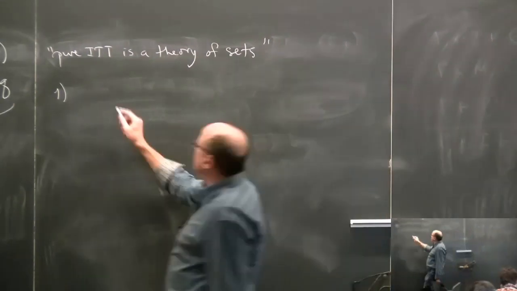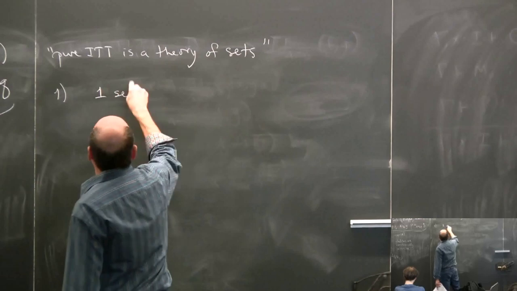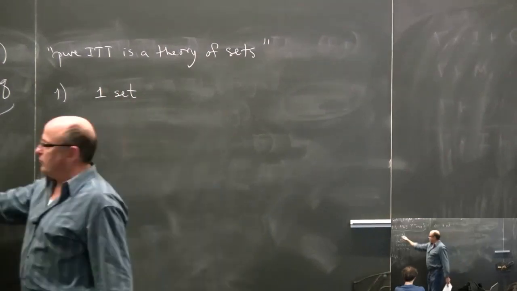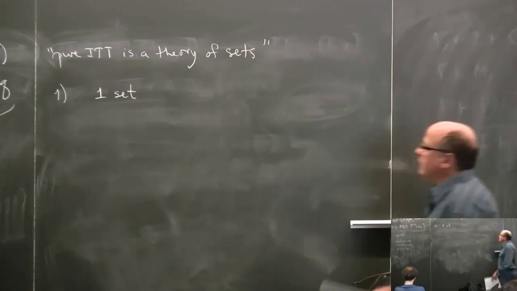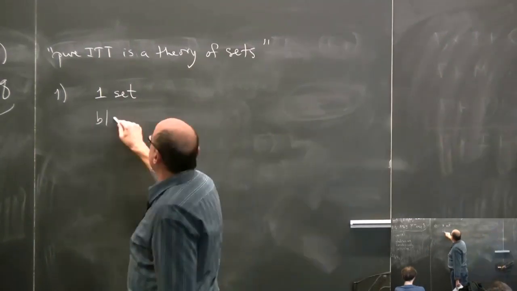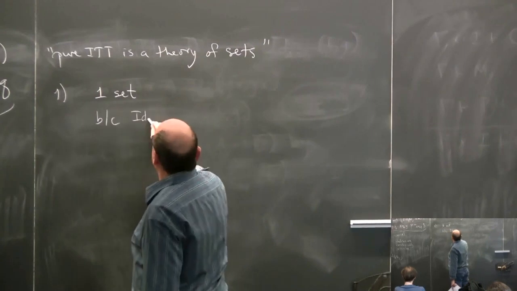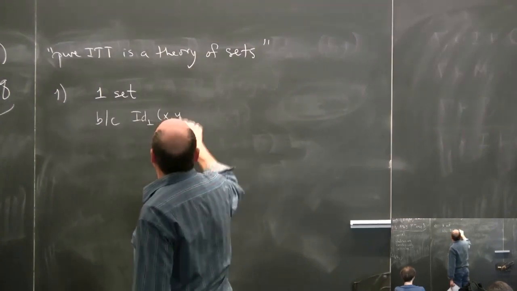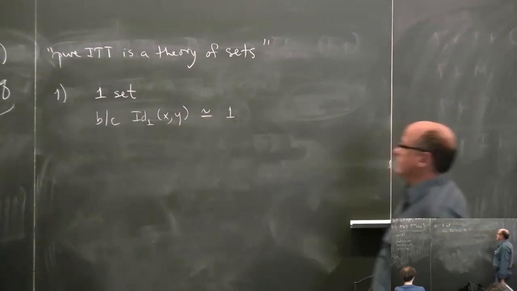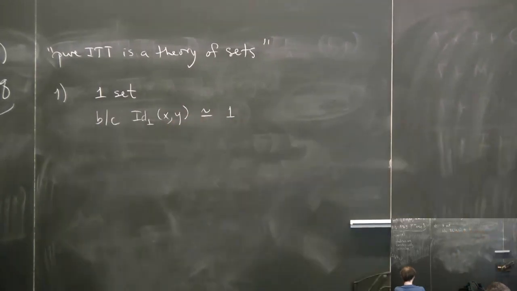So, for example, I can say 1 is a set. Let me just write 1 is a set to mean is set of 1. Well, why? Because we proved, or you did, that id1 xy for any x and y is equivalent to 1. So there's at most one proof between x and y.